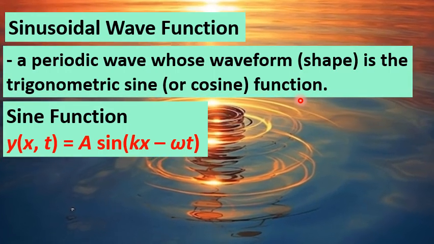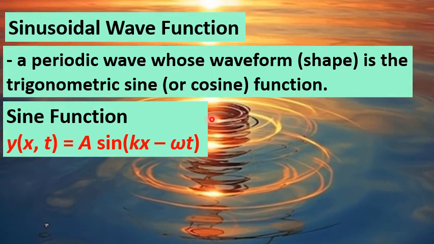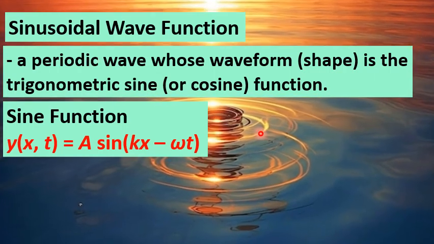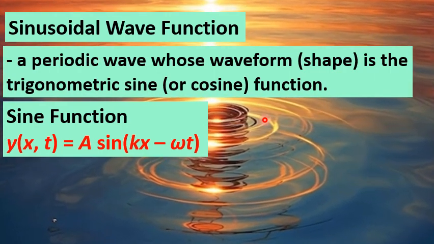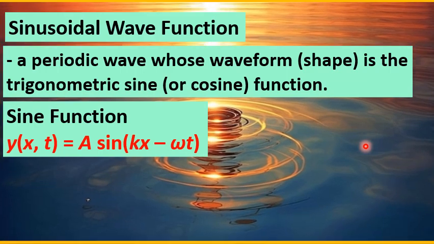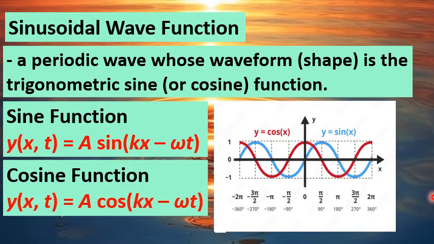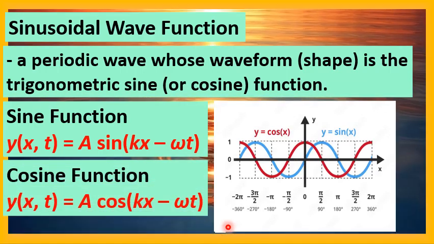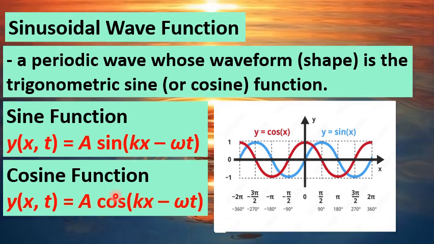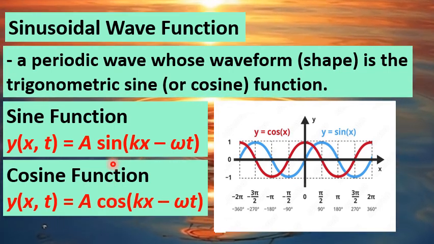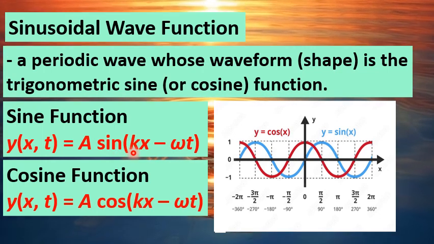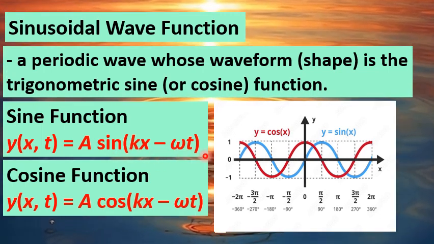So the sine function is simply the product of the amplitude capital A multiplied by the sine of the quantity kx minus omega t, and for the cosine function, it's just the product of the amplitude capital A times the cosine of the quantity kx minus omega t.